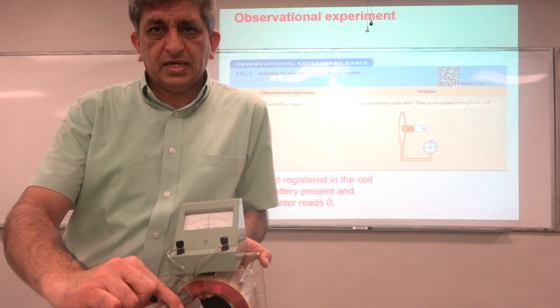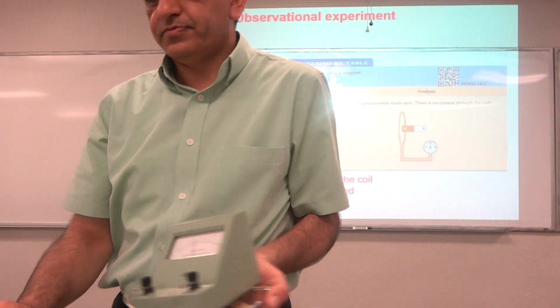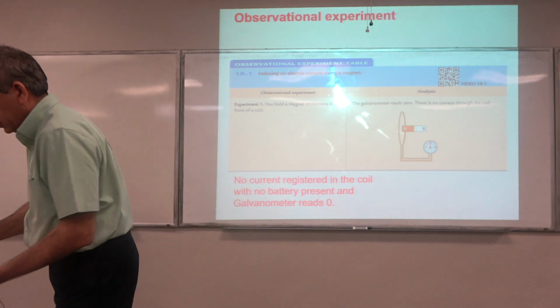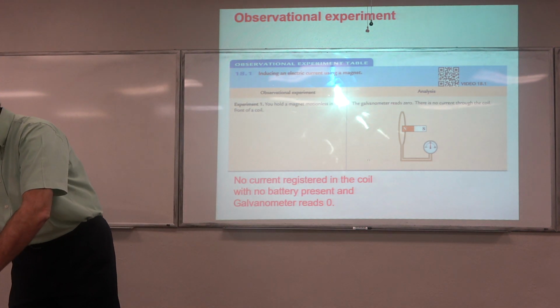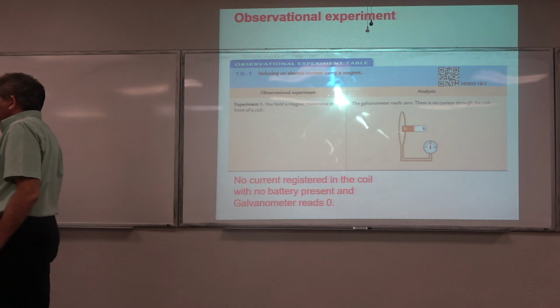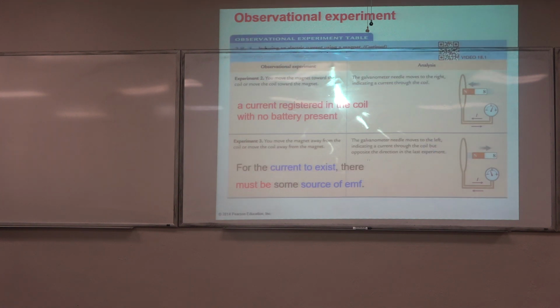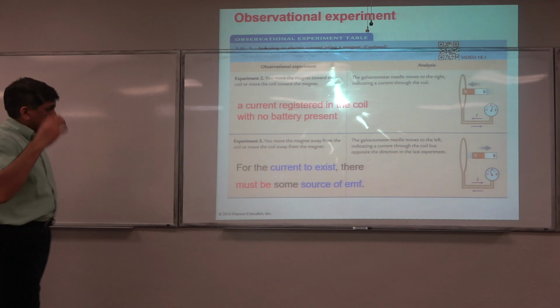No motion in the needle of the galvanometer. So no current is produced. No matter which side, as long as the magnet is still, it's not going to change anything.